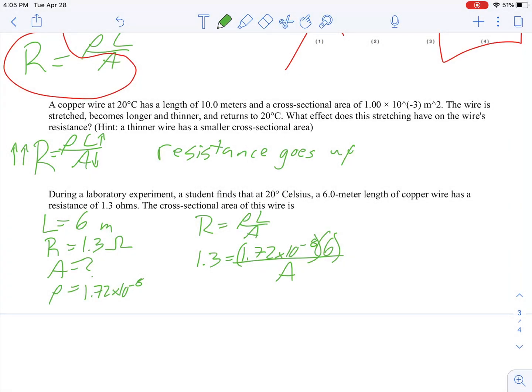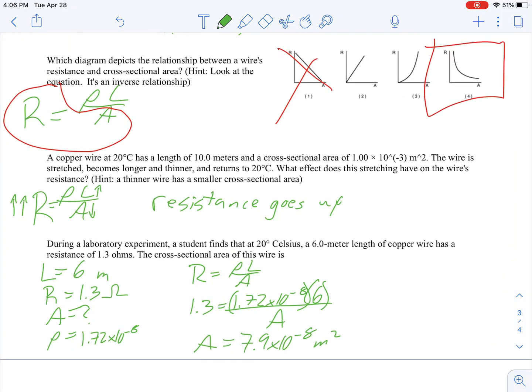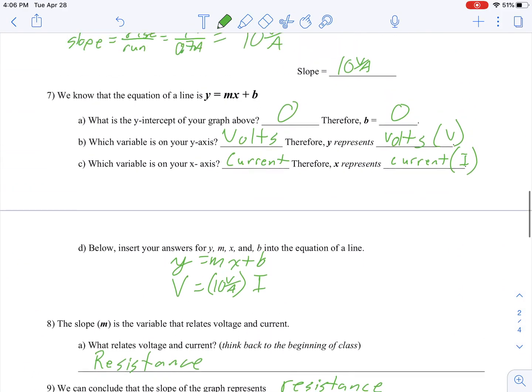Looking at my calculator, it looks like this is gonna come out to be, what is that, 7.9 times 10 to the negative 8 meters squared.